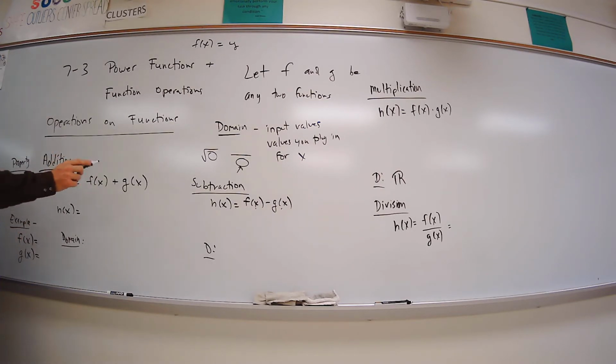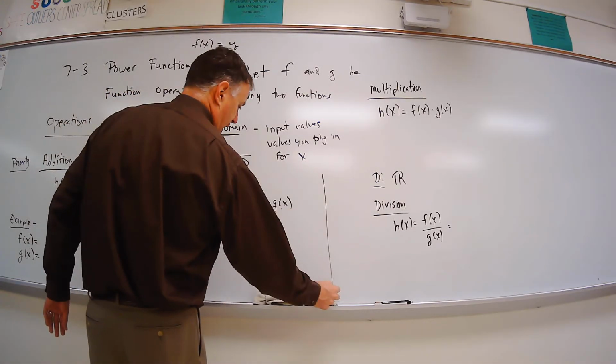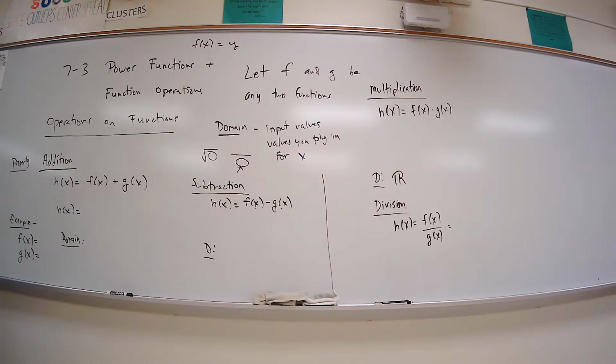So we're going to do this just for adding and subtracting, and then we'll do one for multiplication and division. So f of x equals 2x to the 1/2, and then g of x is negative 6x to the 1/2. And so they want me to add and subtract these first.